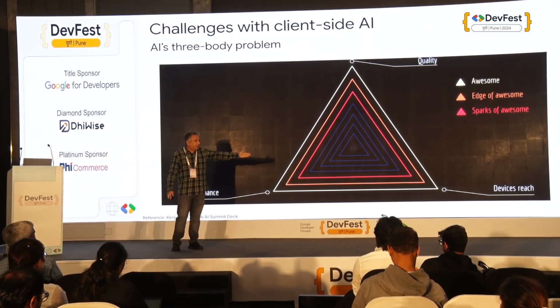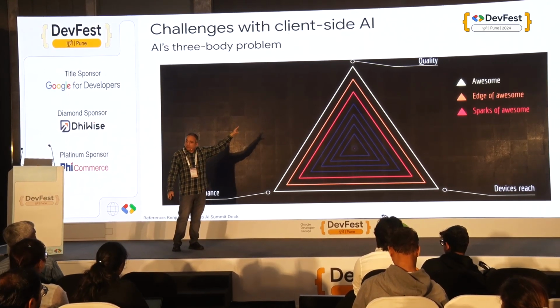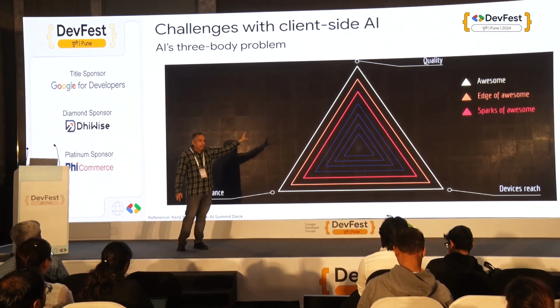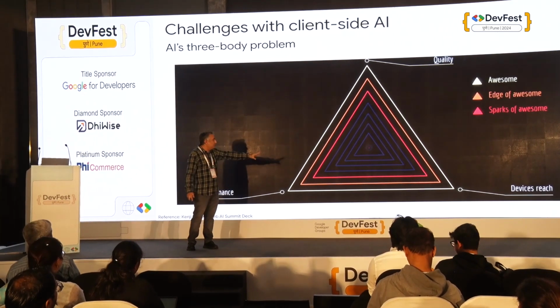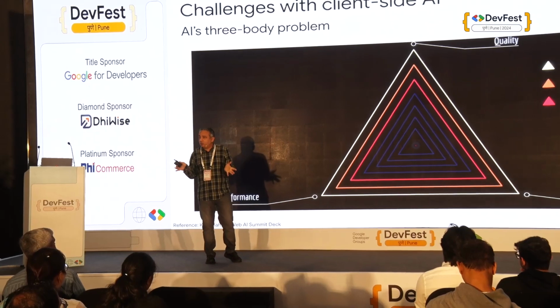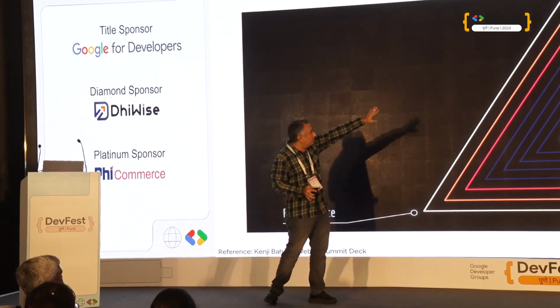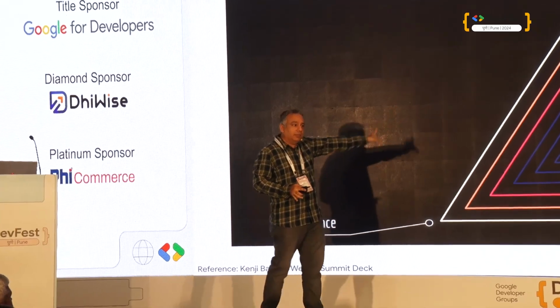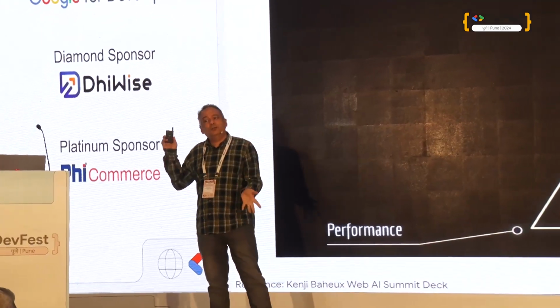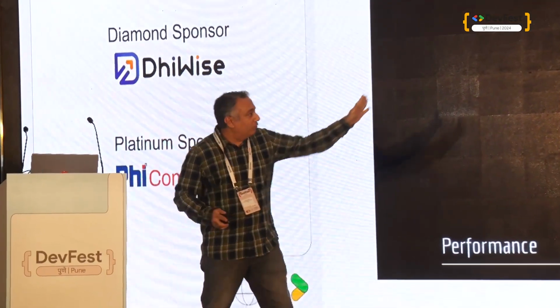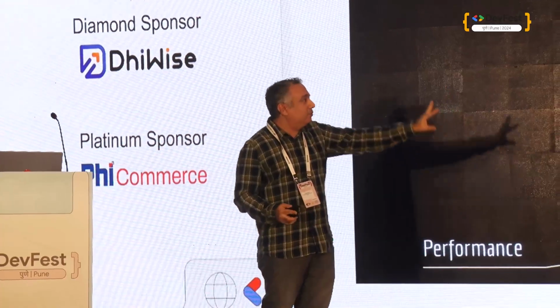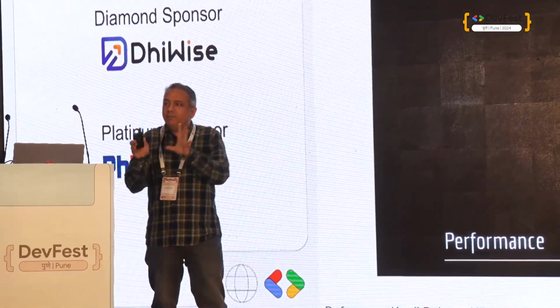But if we reach more devices, possibly a bit of compromise has to be made on quality, possibly on performance. Because if devices do not have much power, I may need to make my model smaller, and if I make my model smaller, I might hit a bit of the quality. So you have the typical choose two out of three, or should we play some games somewhere so that it meets.